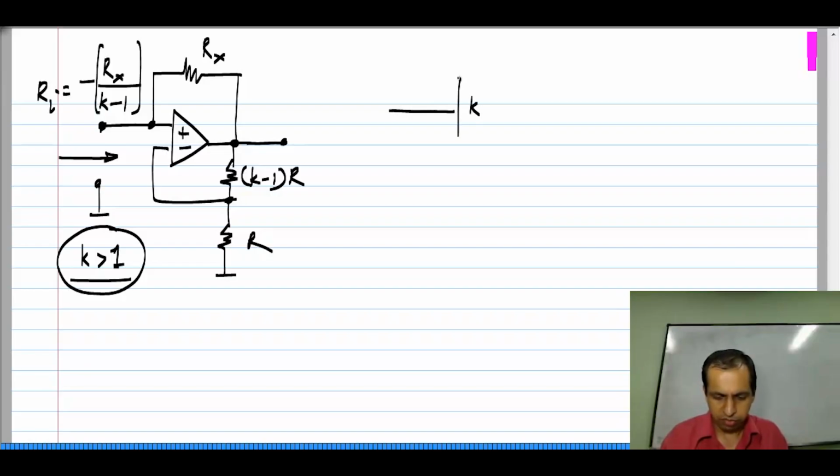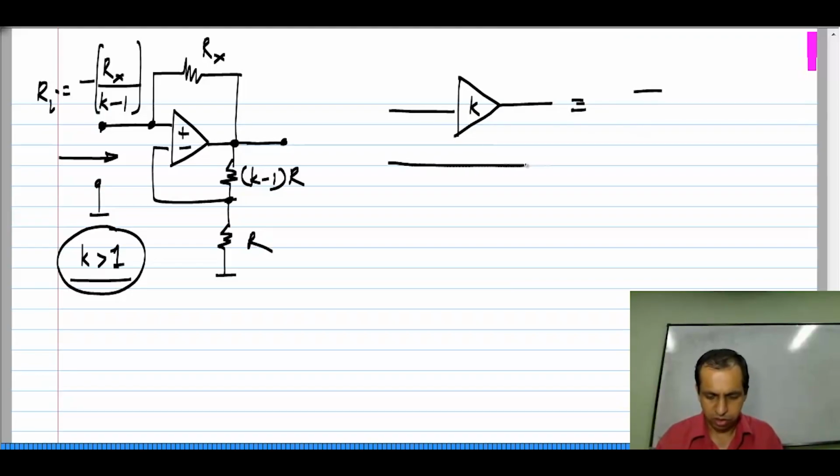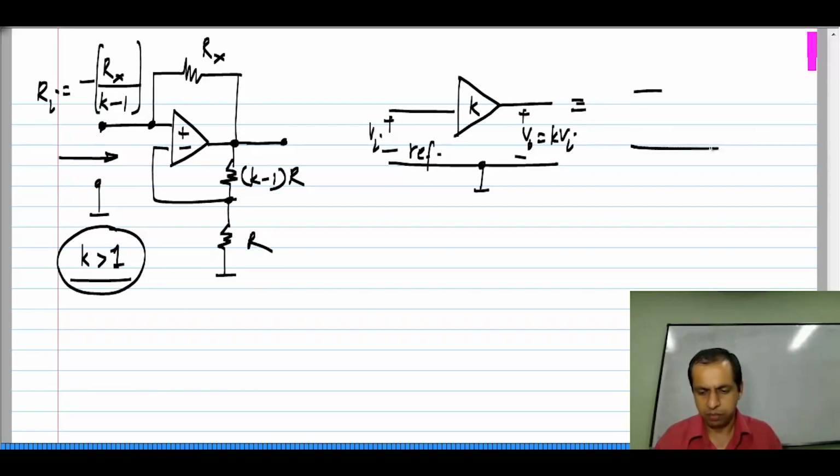If you have an amplifier of gain k, okay, I use this symbol to mean this circuit, let's say ground is the reference terminal, and this is Vi, this is V naught equals kVi. This is nothing but a voltage controlled voltage source of gain k. So, if this is Vi, this will be k times Vi.